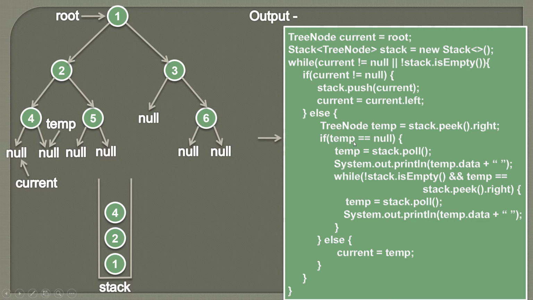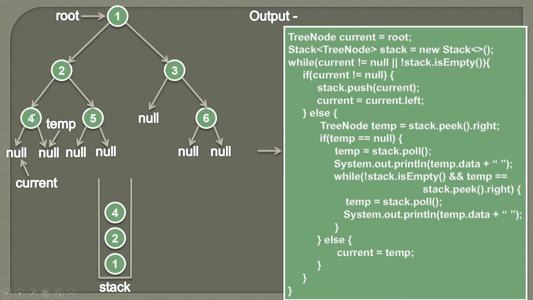So why we are providing this check here is if temp is equal to null, this will signify that whatever the value was on the stack, its right is actually pointing to null and there are no nodes left to be traversed on the right side of this node. So what we can simply do here is pull this element out, because we are now sure that as current is pointing to null and temp is pointing to null, which means that we have traversed the left subtree and the right subtree for this node.